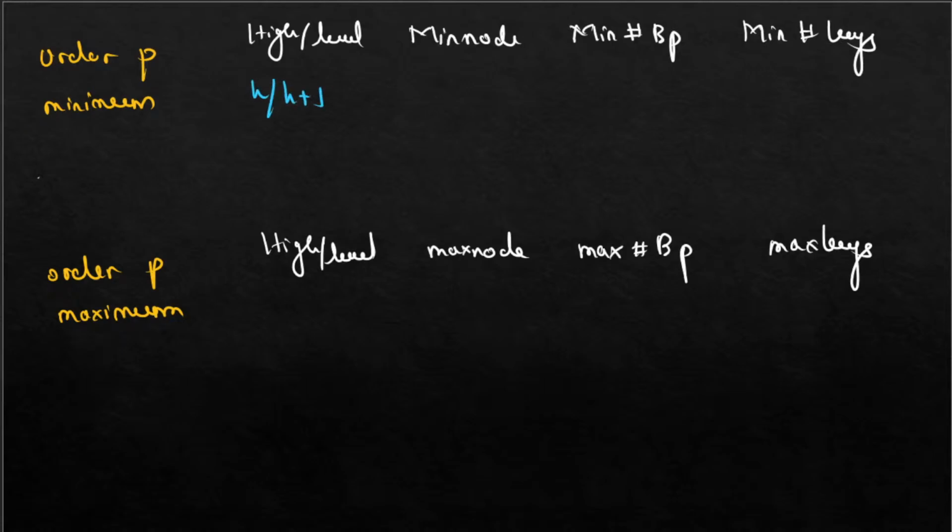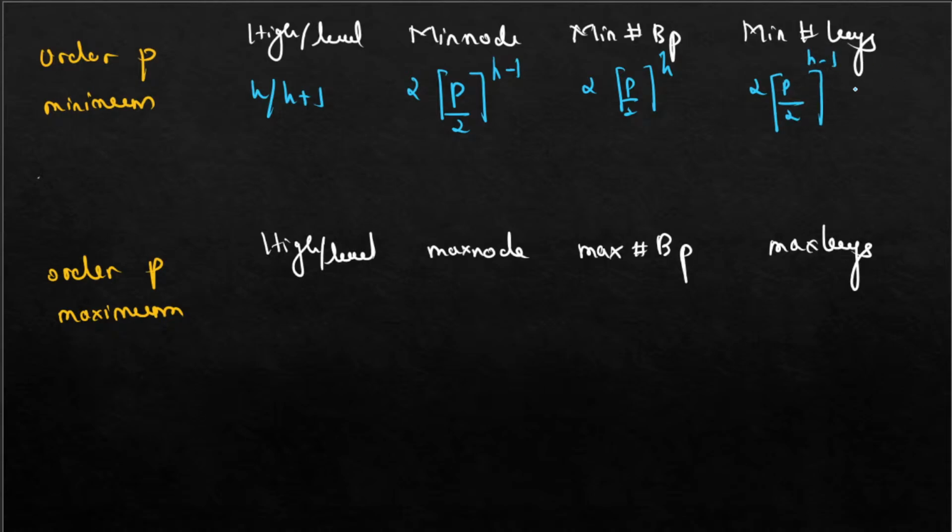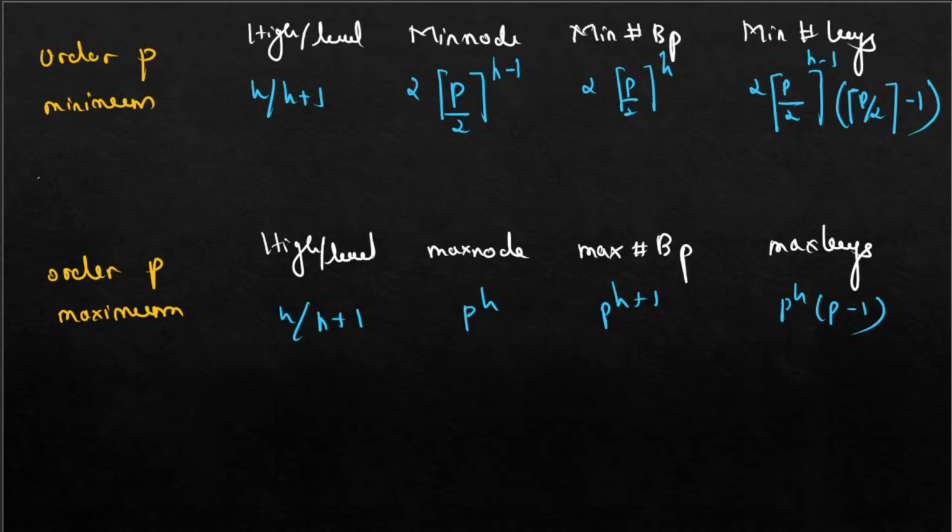H by H plus 1, P minus 2, H minus 1. Here P by 2 to the H, and here 2 times P by 2 to the H minus 1 into P by 2 minus 1. So H plus 1, PH, P to the H plus 1, and PH, P minus 1. Okay, everyone.